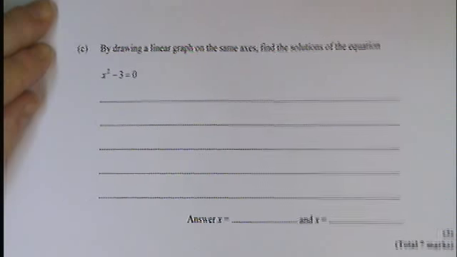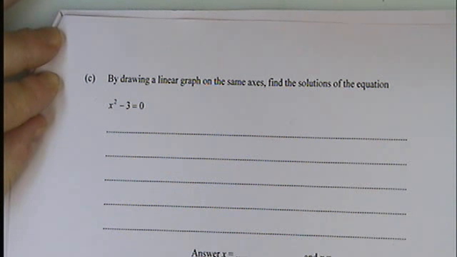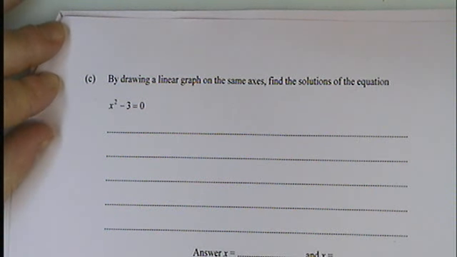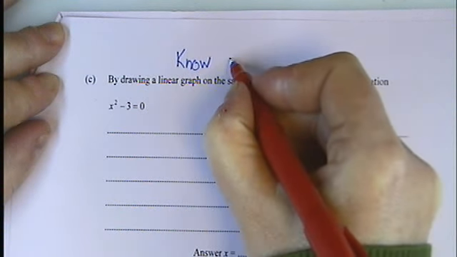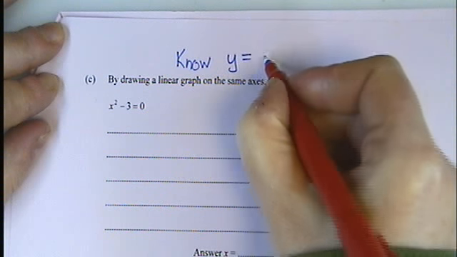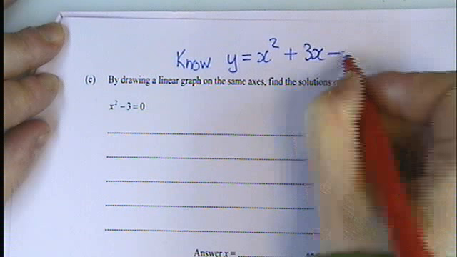Part C for the question, by drawing a linear line on the same axis, find the solution for the equation x squared minus 3 equals 0. So it's different to what we already have. So I'm going to make a note of what we already know. We have drawn y equals x squared plus 3x minus 2.